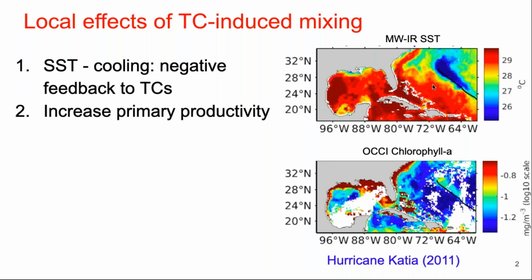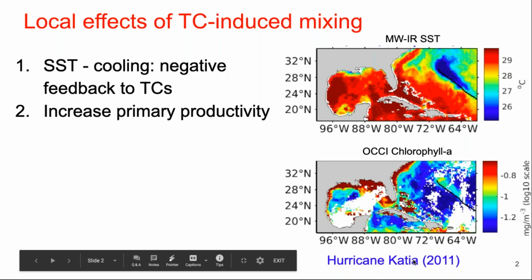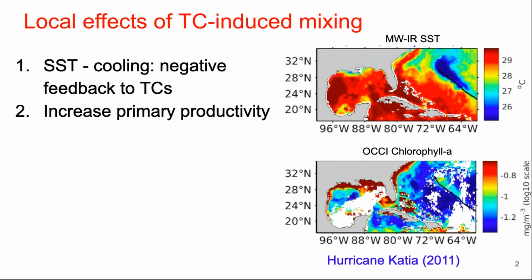This is because of the mixing done by the hurricane wind, which brings up deep, cold, nutrient-rich water from the subsurface to the surface, creating the cold wake. This also leads to an increase in primary production, as we can see that Hurricane Katia in 2011 left very high chlorophyll trails along its track.